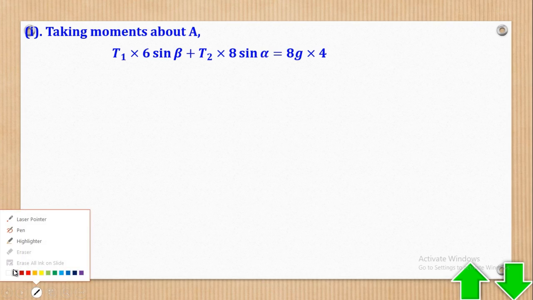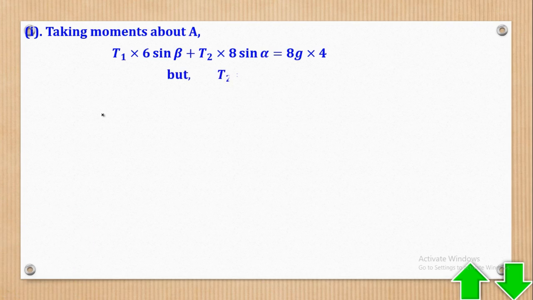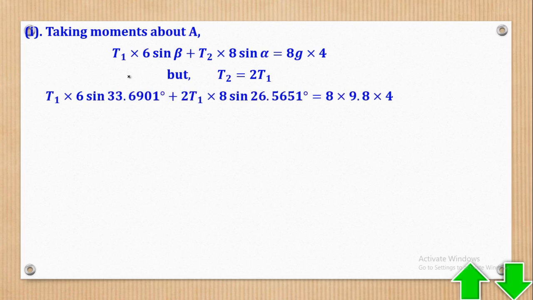Now next is to substitute for alpha, beta and G. We know that T2 is equal to T1, we are told in the question. So let's substitute 12 for alpha, beta and T2. When I substitute, I'll come up with beta as that, alpha as that, G as that, and T2 as that.